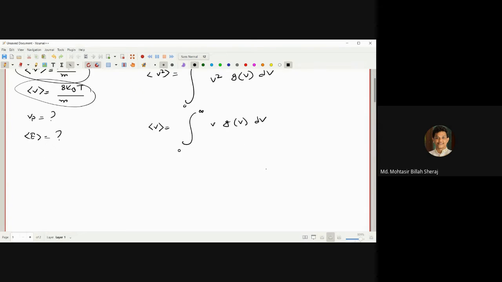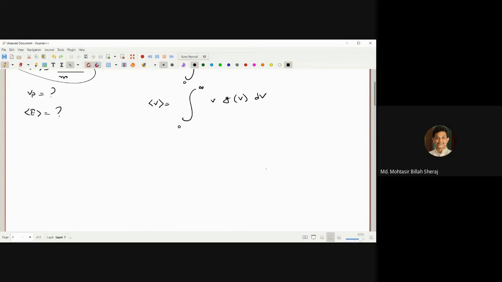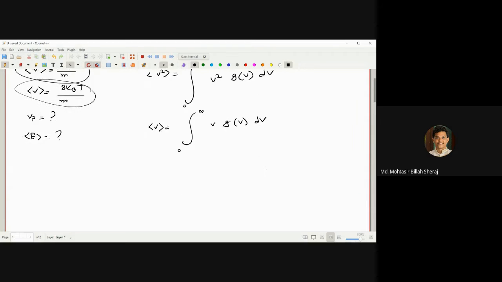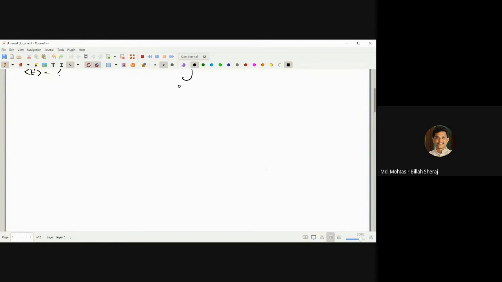Okay, so in the last class, or the class before the last class, I have said that the velocity distribution function is a symmetric distribution function.